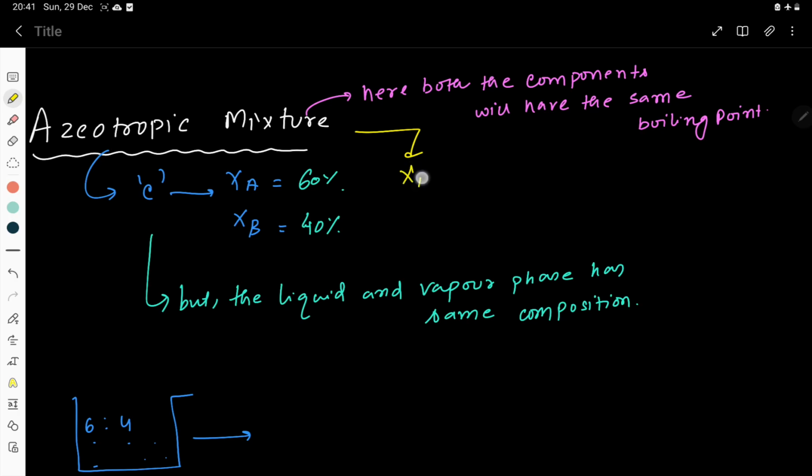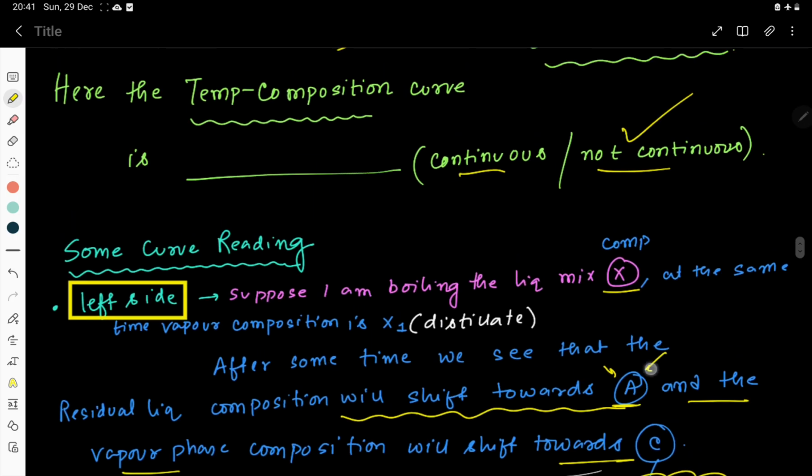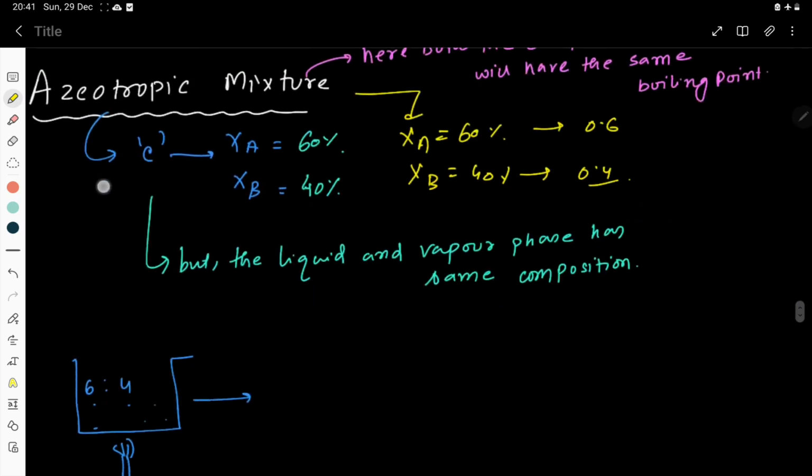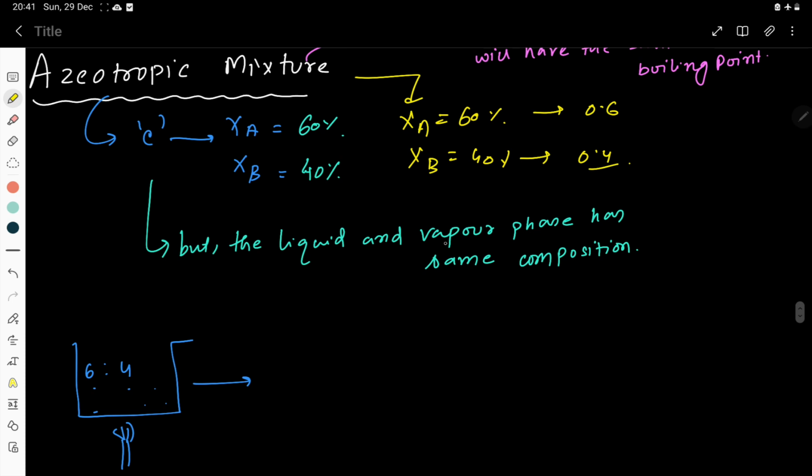Now see the azeotrope that we were observing there. The composition that I have taken is xA 60% and xB is 40%, or you can also say 0.6 and 0.4, and the C point is known as azeotropic mixture. Okay, this thing is azeotropic, but the liquid and vapor phase has the same composition.